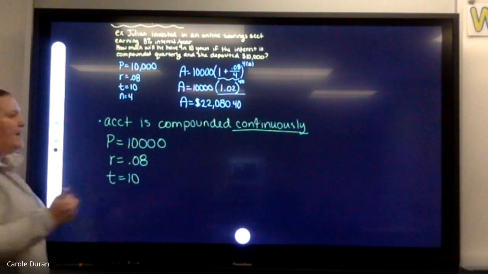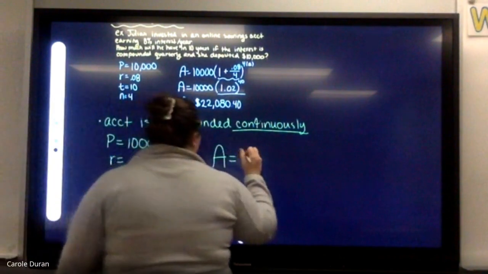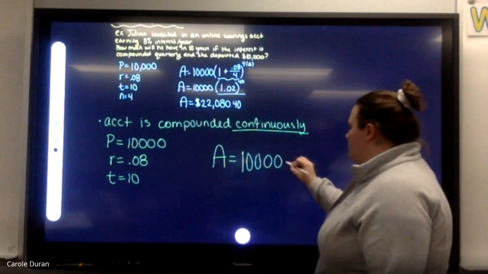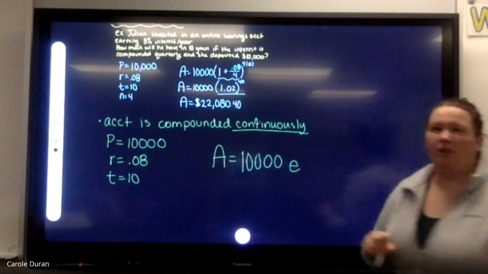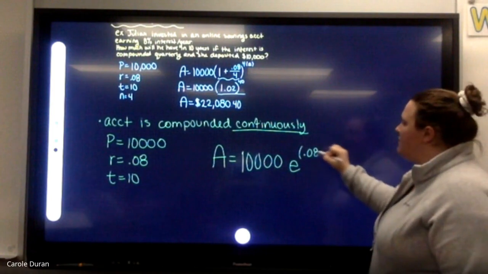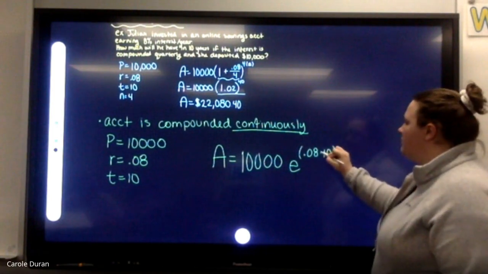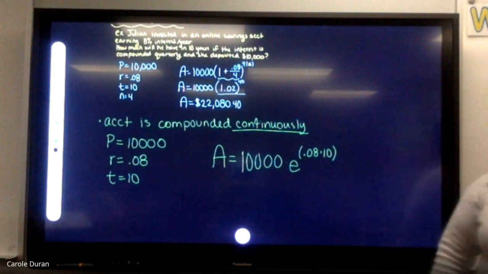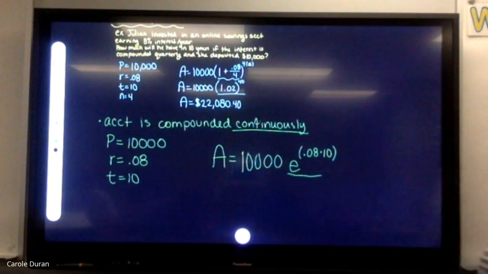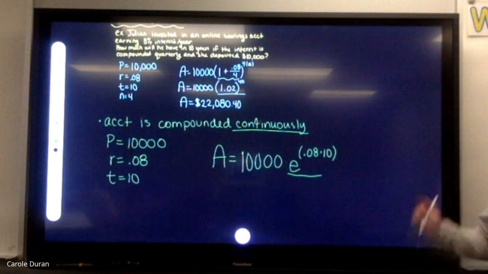So we go ahead and plug that into our equation. 10,000 is my P value times E, which is on your calculator, to the 0.08 interest rate times 10, which is how many years I'm letting it sit for. In your calculator, you're going to want to do the E to the 0.8 first, and then multiply that by 10 grand.